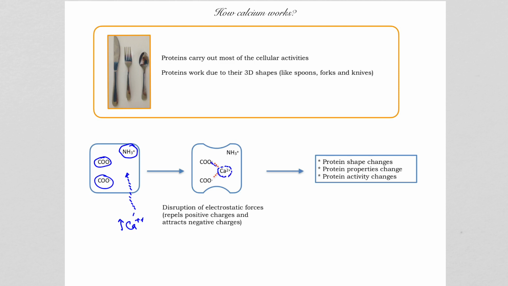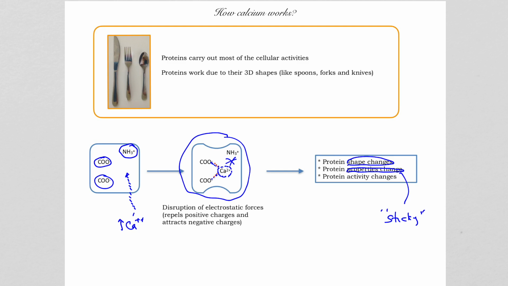It starts attracting the negative charges, and it starts repelling the positive charges, and that causes the protein shape to change. And when the protein shape changes, the properties of the protein change. For example, the protein might become more sticky. The solubility of the protein might go up or down and so on.